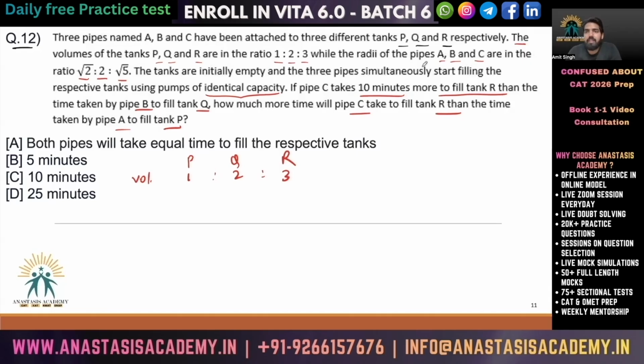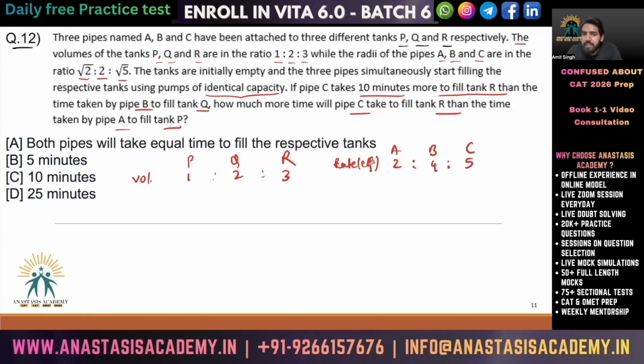Also, this is given the radii of pipes A, B, C, right? So the efficiency of these pipes, because they use pumps of identical capacity, would depend on the cross section area, that is how much water is flowing into the respective tanks. So this is radius, area would be radius square, so the rate or the efficiency of these pipes would be in the ratio 2:4:5.